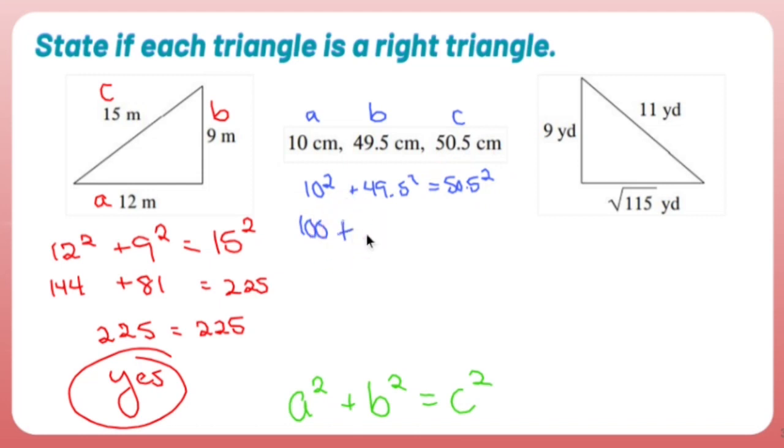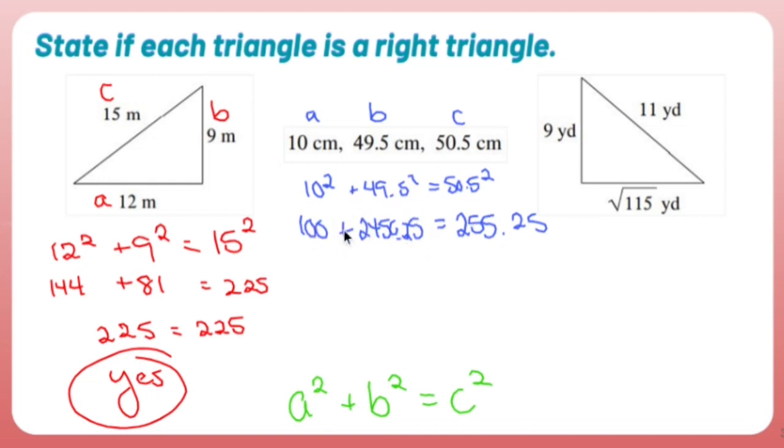49.5 squared is, let me do the math in my head, 2,450.25. And 50.5 squared is 2,550.25. I meant to put a 2 here. I don't know if I said it and just typed it or wrote it out wrong, but there you go.